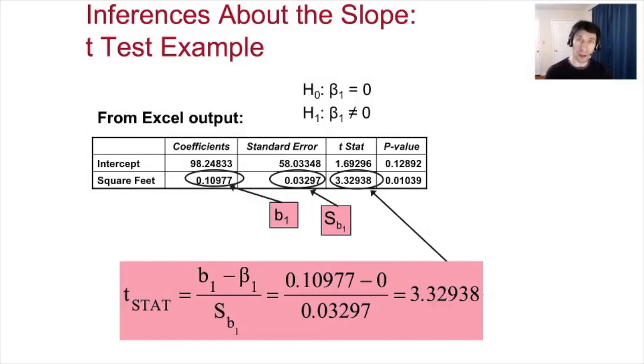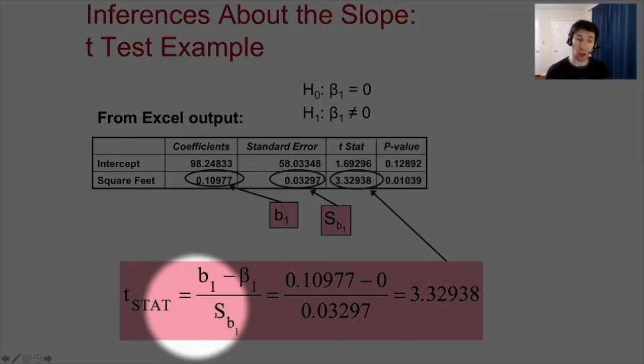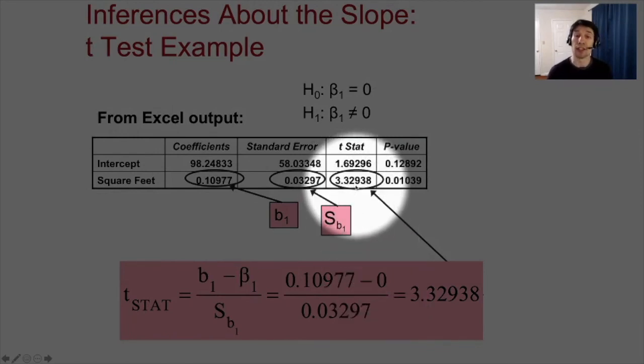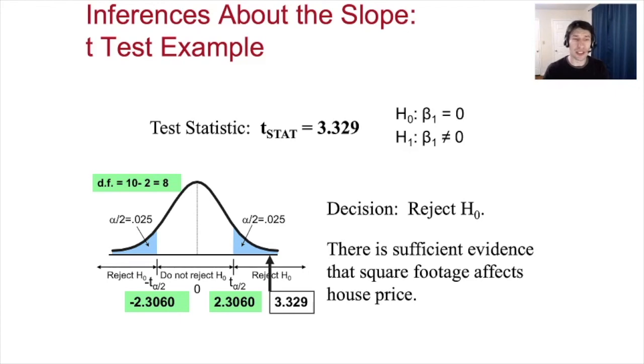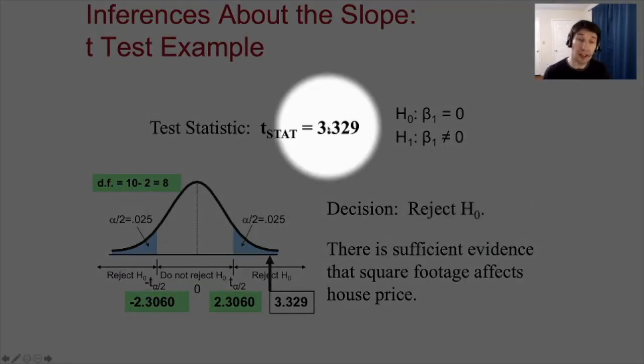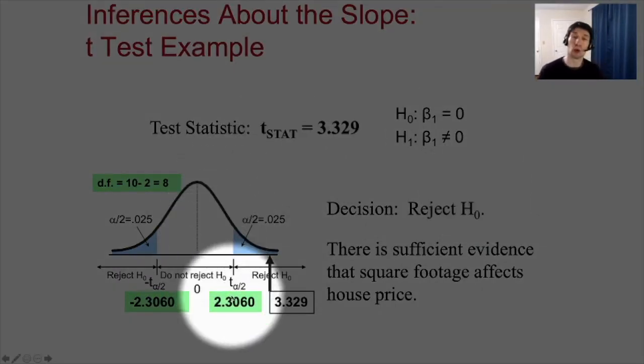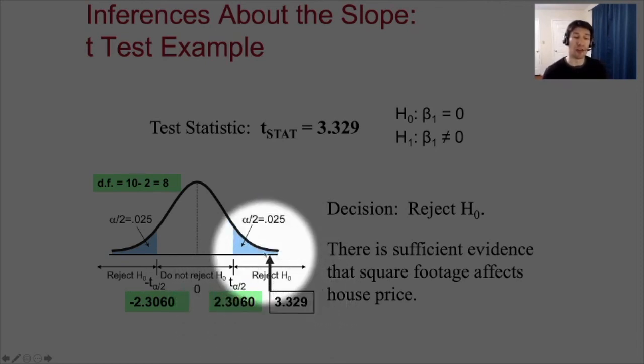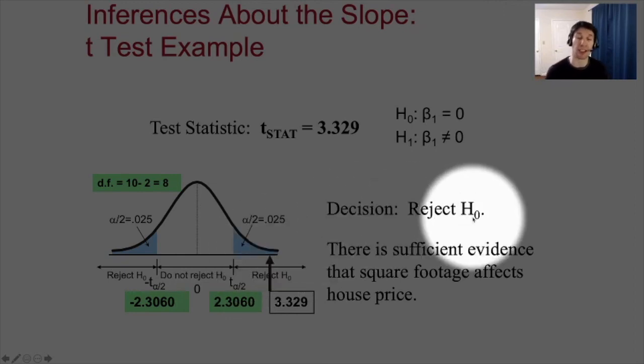We can compute our t-stat using the formula that I just showed you, or we can just read it straight out of Excel. Here it is. And as always, how are we going to test for it? Well, we're going to compare that t-statistic to some critical t. In this case, our t half of alpha was 2.3. 3.3 is high above that. It's in the rejection region. We reject H0.